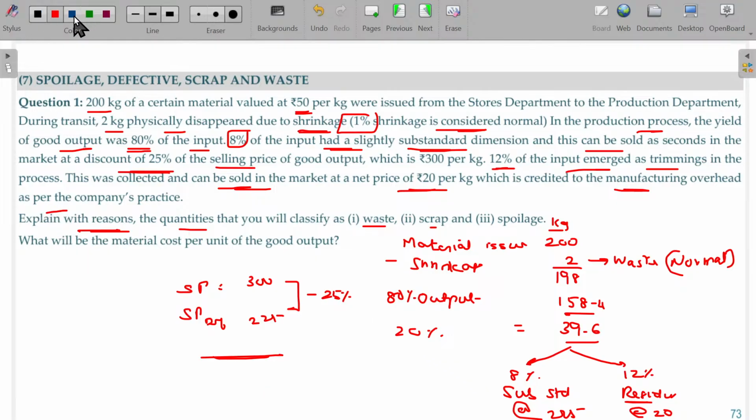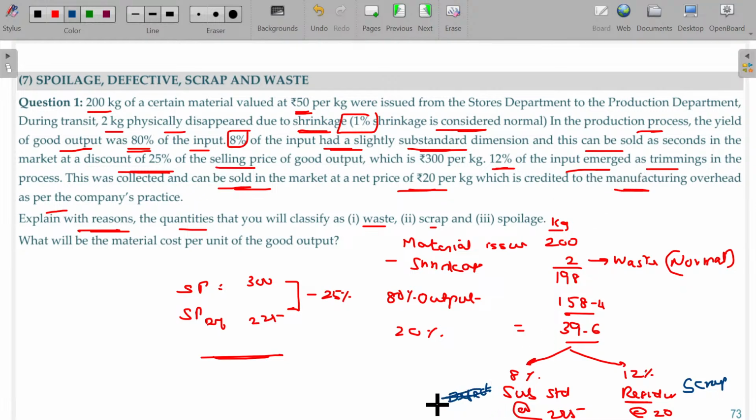Substandard means defective. Residue means scrap. Okay, but the substandard is saleable or not? No, it is not going to be saleable.